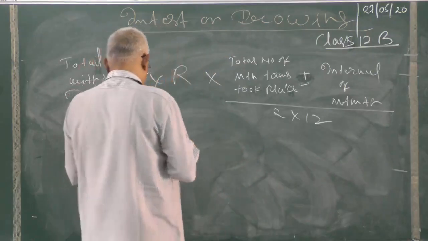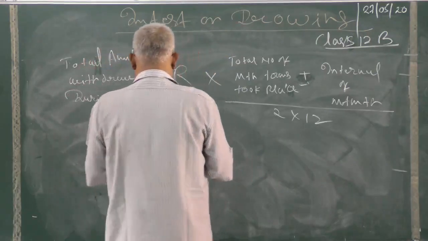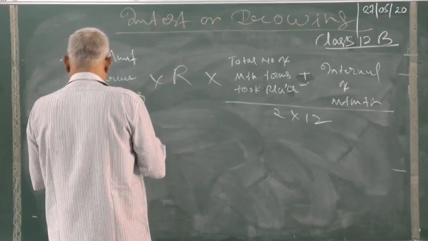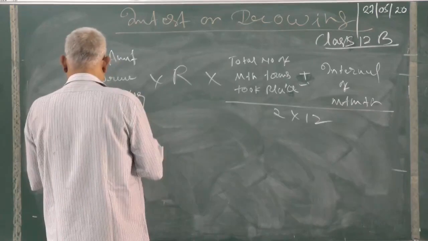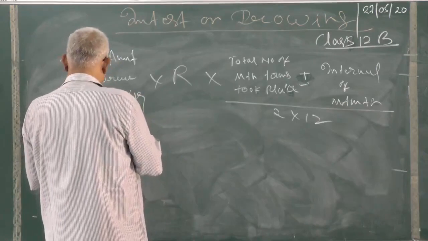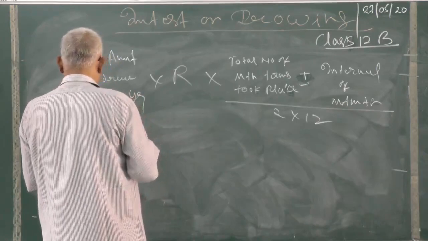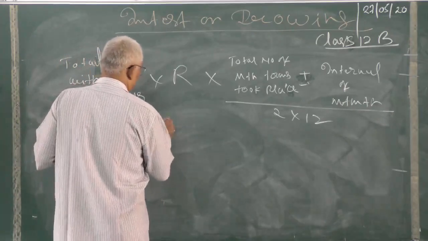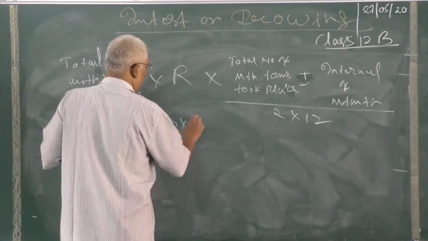A. Rupees 5,000 withdrawn at the beginning of every month. 5,000 means 5,000 into 12.